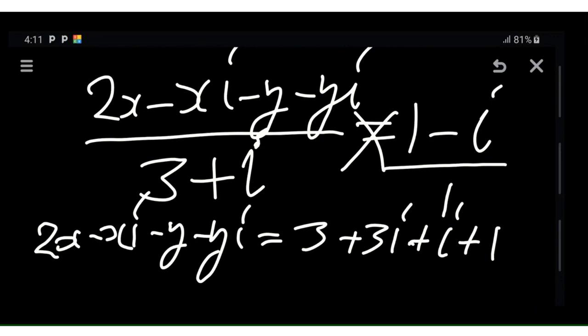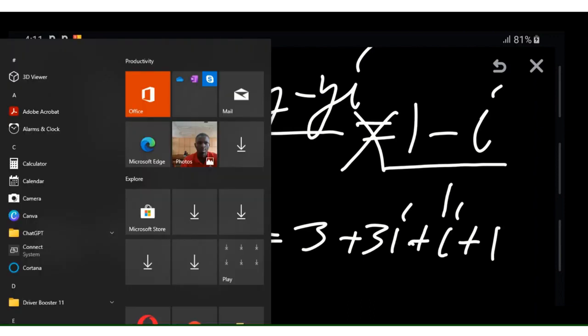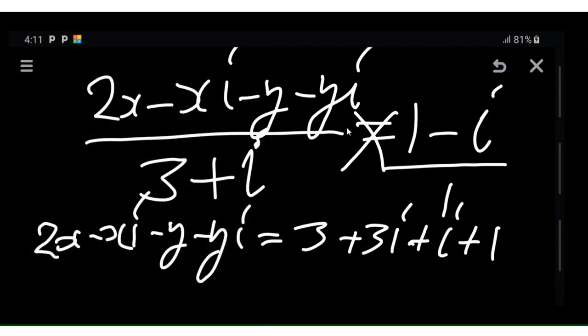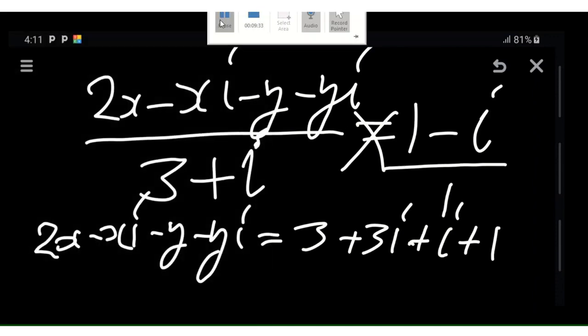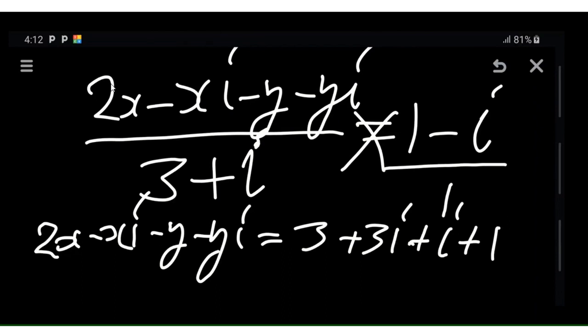So from here, sorry, here is minus, not plus. It's 3 minus 3i. So we find the values from there.